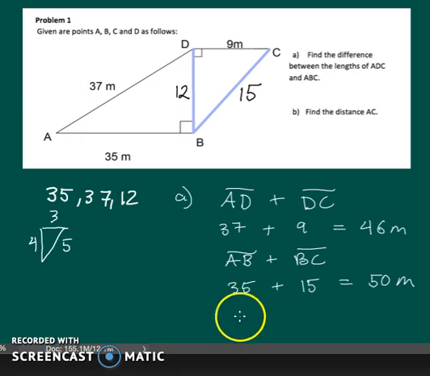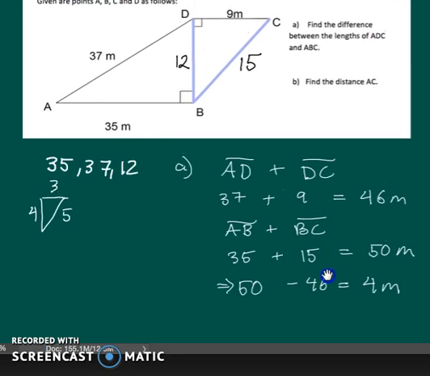So we can easily figure out the difference by subtracting. It's 50 minus 46. It's 4 meters faster to go ADC than to go ABC.